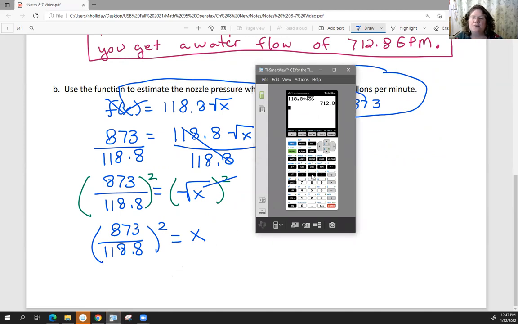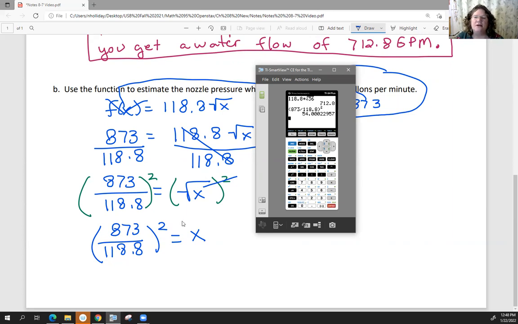So if we put in a parentheses and put in our 873 divided by that 118.8 and close parentheses, and then we want to square that. So you can either use your squared button here or you can use the caret and the 2. But we have the squared button, so we can just go ahead and square that and hit enter.